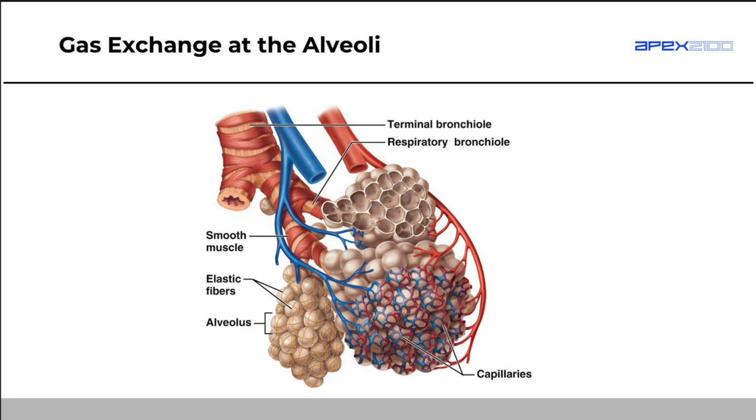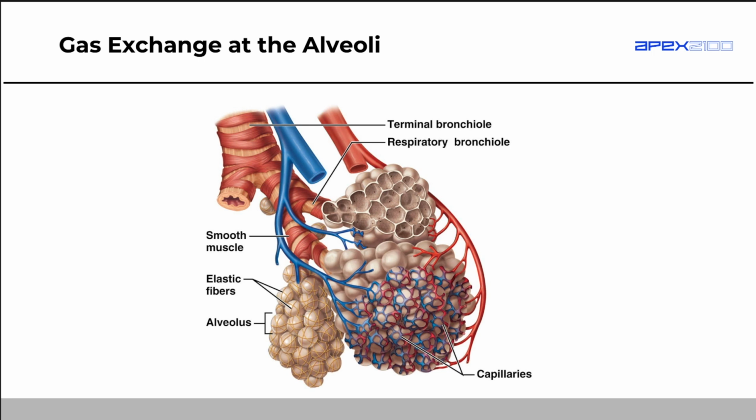If there weren't capillaries there, the oxygen would have nowhere to go. It wouldn't be able to get into our blood. So the link between the alveoli and the blood capillaries is integral to this whole process. That's how we're going to get oxygen into our blood and to our muscles.